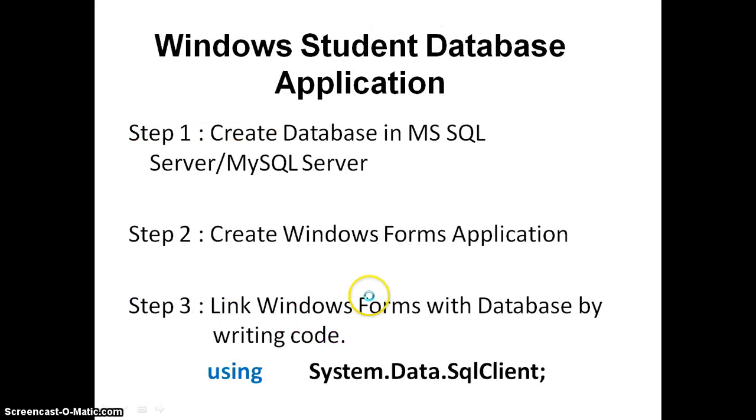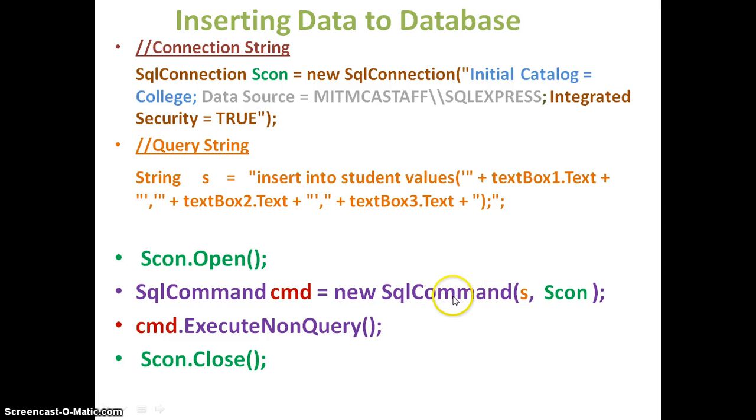This is also part of the namespace SqlClient. A namespace will have related classes. In this object we are passing two arguments to initialize: the connection string as well as the query. This is our connection string and this is our query. So we are trying to execute the command.